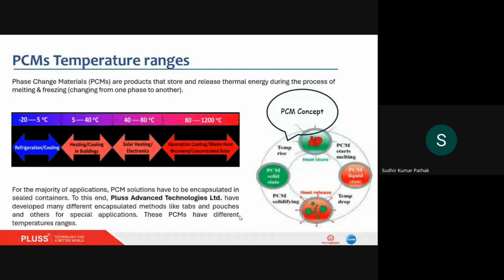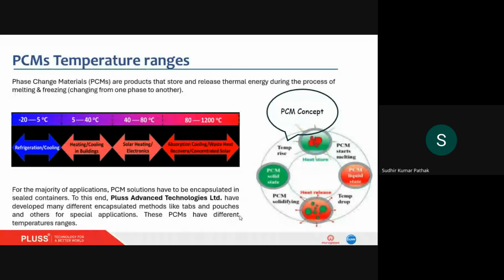For the majority of applications, the PCM solution has to be encapsulated in sealed containers, pouches or tabs to integrate in cold rooms, chest freezers or building applications.